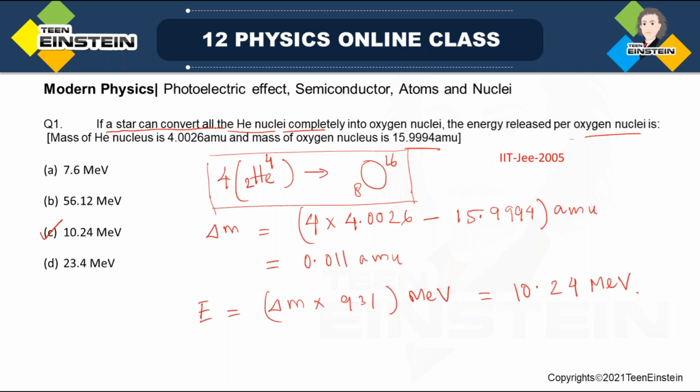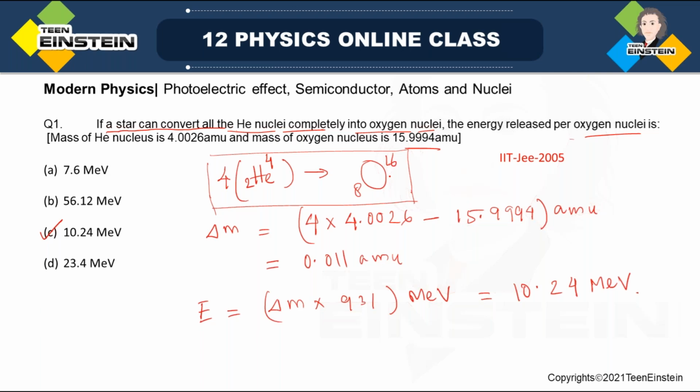If a star can convert all the helium nuclei completely into oxygen nuclei, by saying this they are asking you to find out the formula. Suppose helium nuclei are completely converted, then how many helium nuclei will be required to get one oxygen nucleus? That you have to first understand.